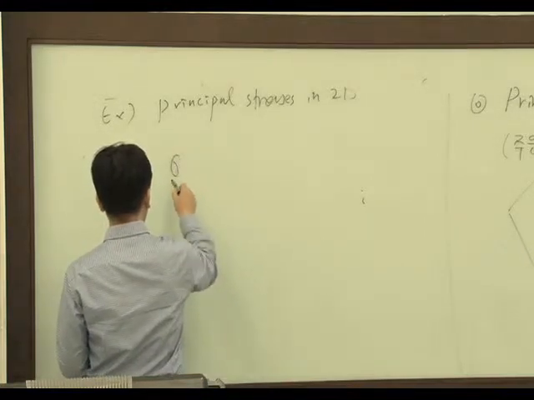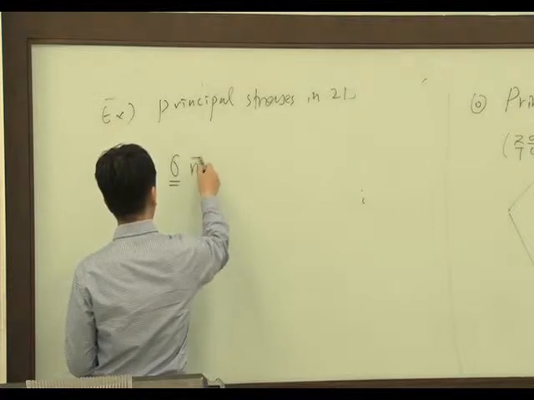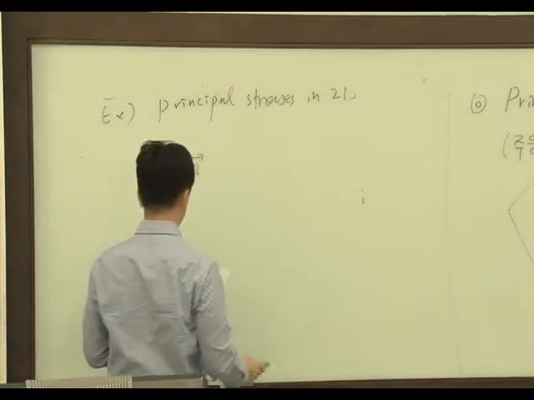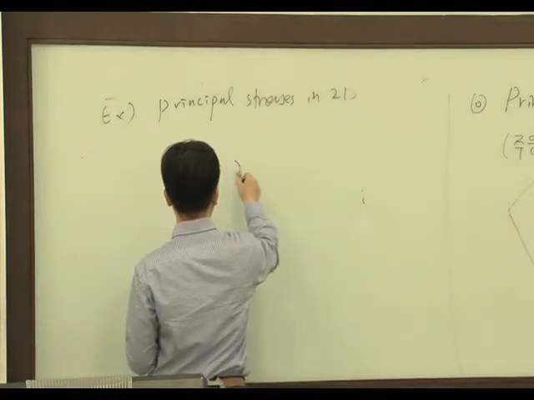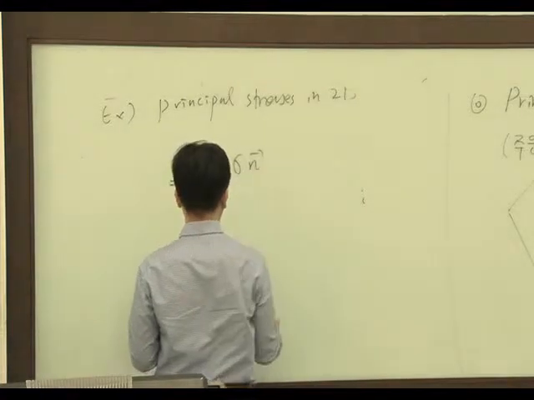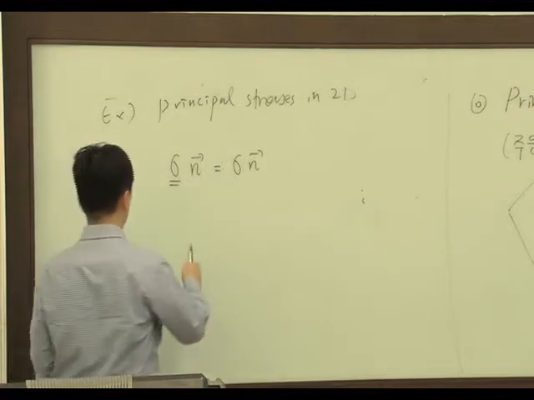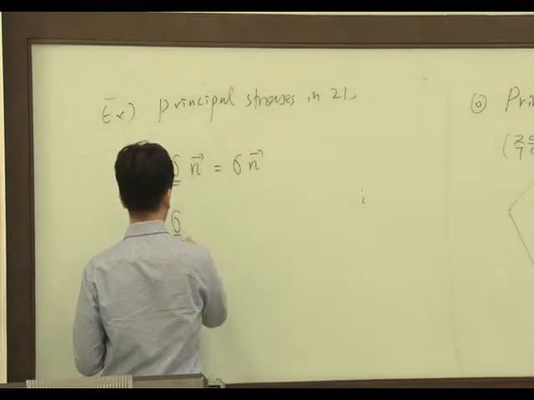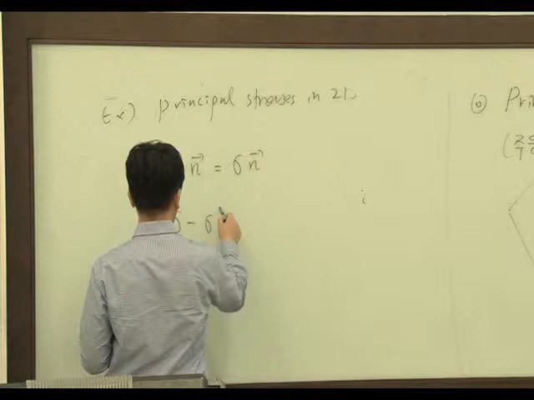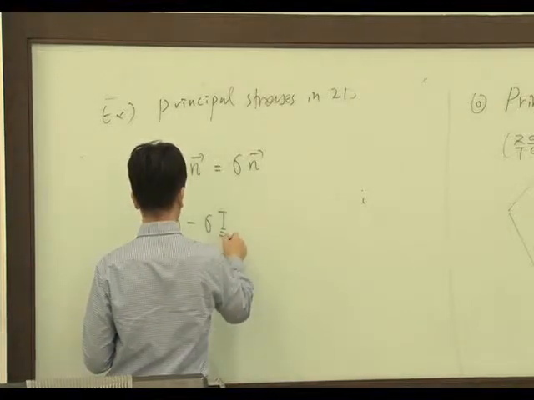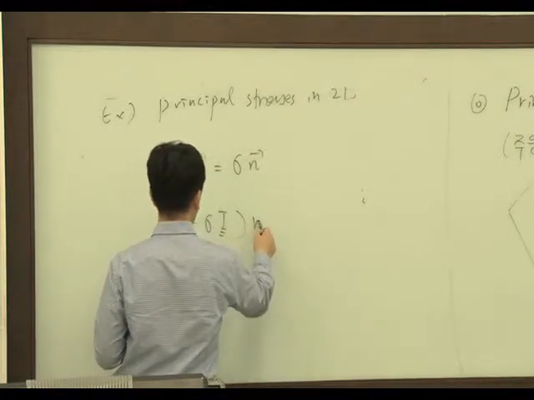Usually the eigenvalue problem looks like this, and to solve this eigenvalue problem, we need to make this equation like I n, right?